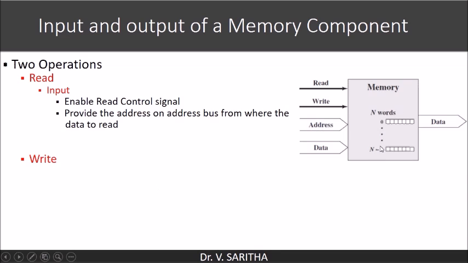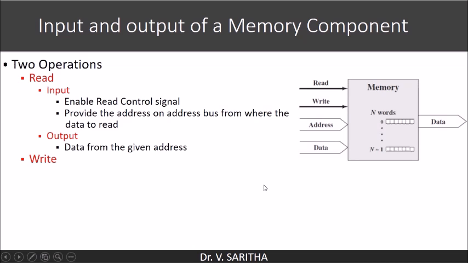Here we have 0 to n minus 1 words. Let me say I want to read the 25th word. Then I have to enable this read control signal, and 25 should be given as an address. Then the 25th data word will come out of the memory. So the output is data from the given address.